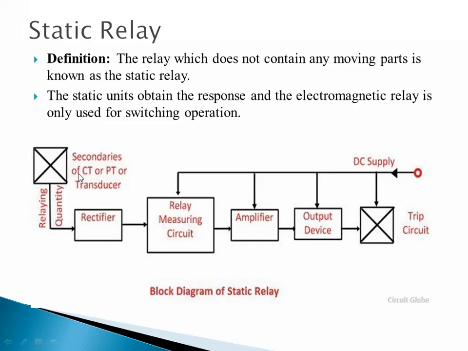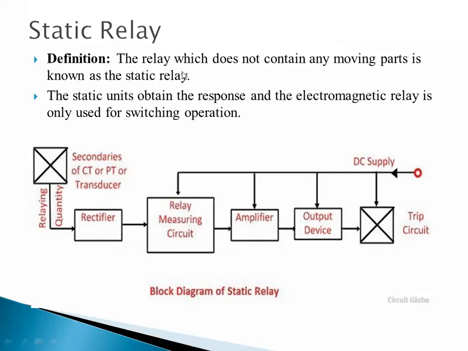Any type of quantity can be measured by converting into electrical quantity, and it is given to the rectifier unit, because all our transmission lines are AC. We are using AC supply. That's why that is rectified first, means converted into DC, and then given to the relay measuring circuit.